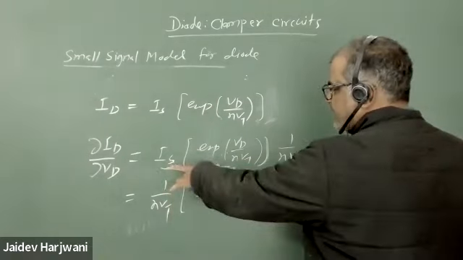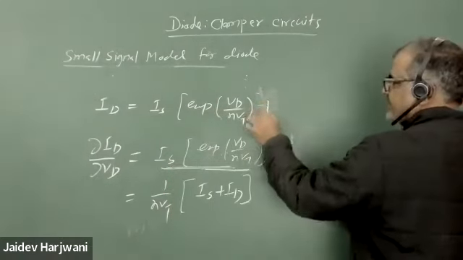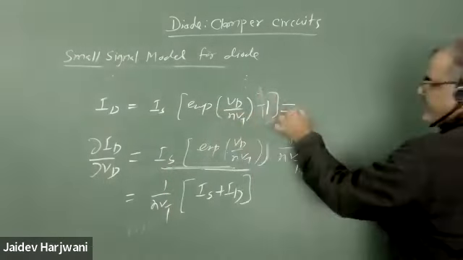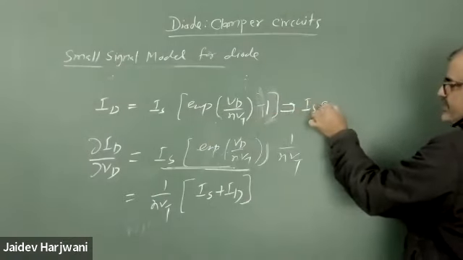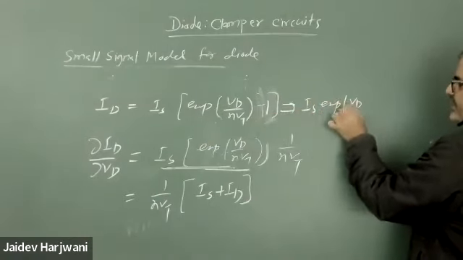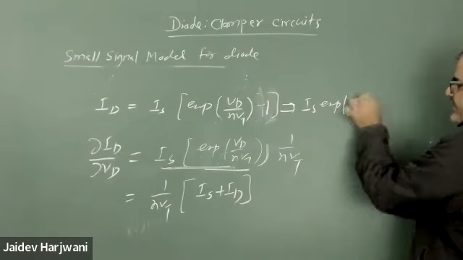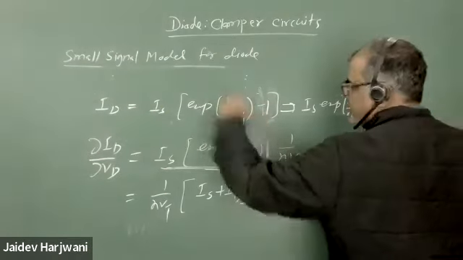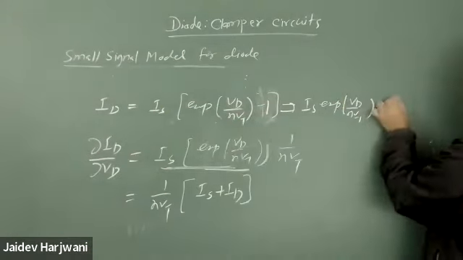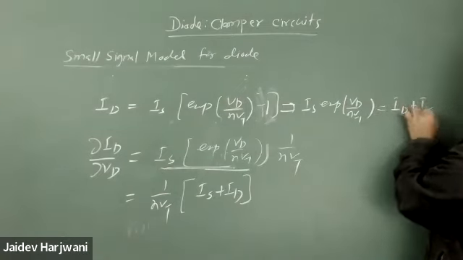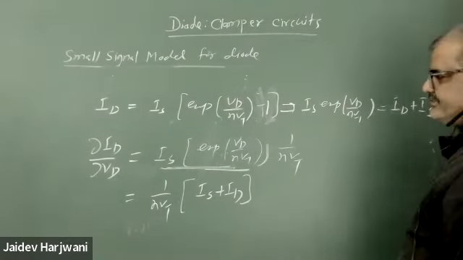Can I write this IS here? Suppose this is minus 1 here. Now if I want to write the value of IS exponential of VD upon eta VT, IS will go here, that will go here. So I can write this as ID plus IS, isn't it?